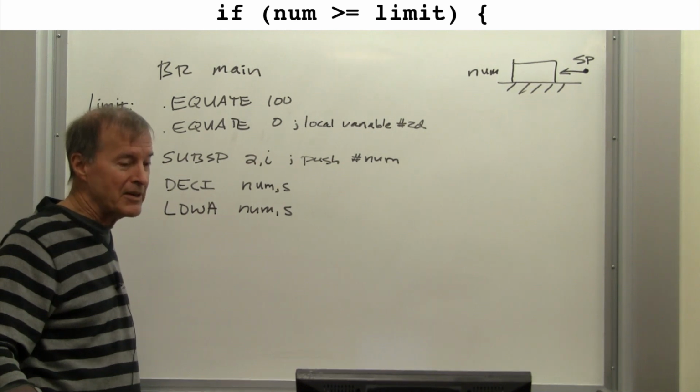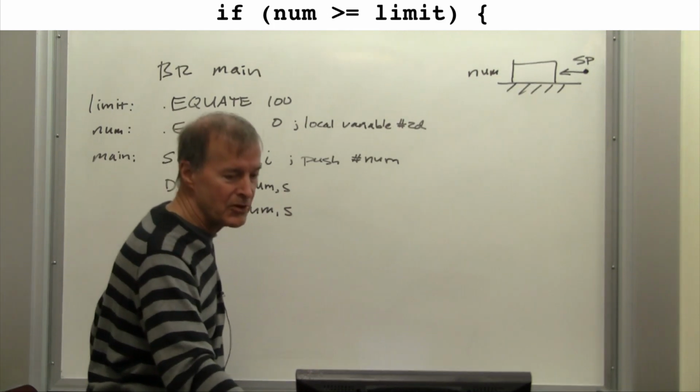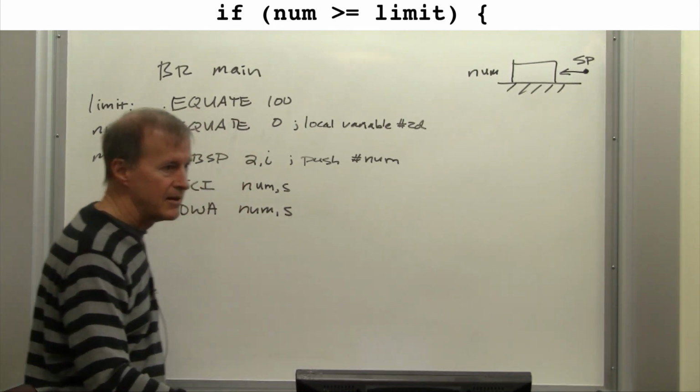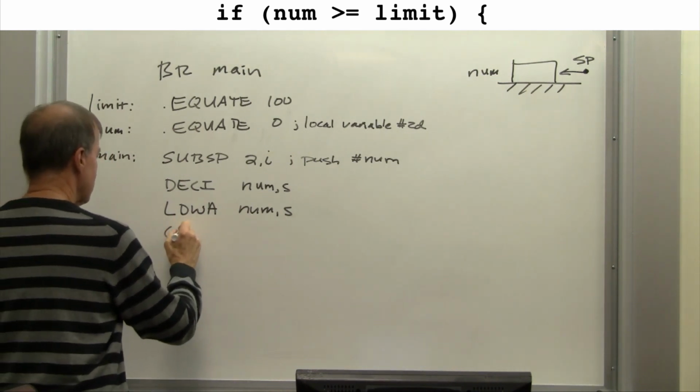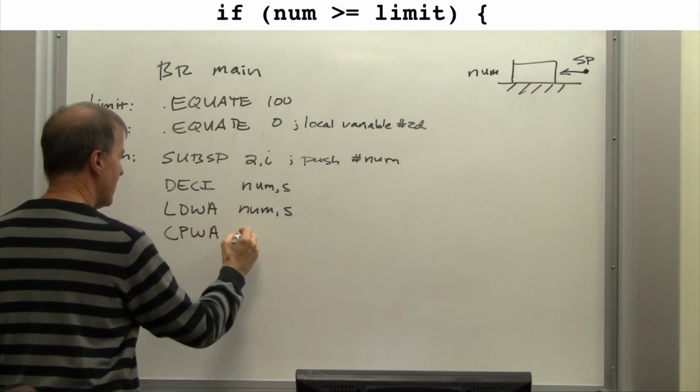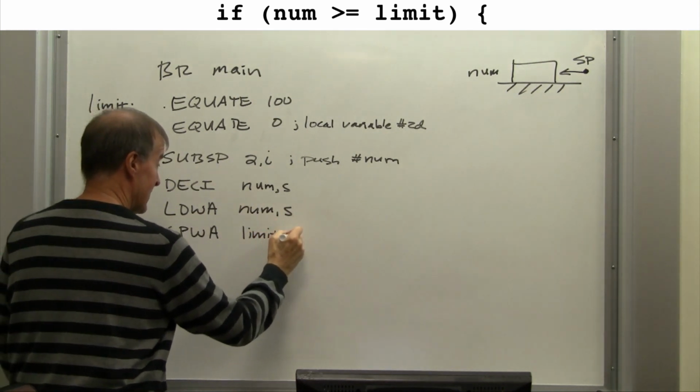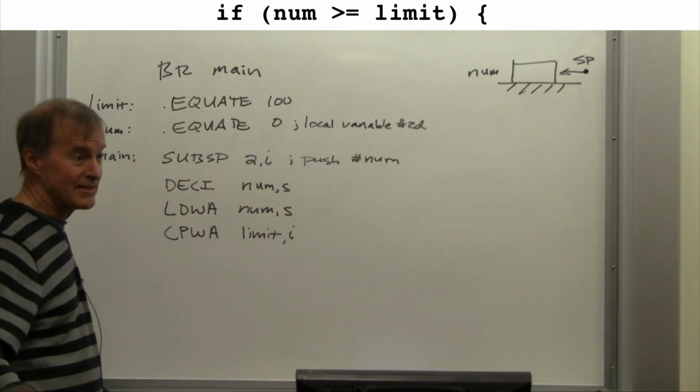What are we comparing num with? Limit. So here, if we go back to this compare word, what do you suppose we do? So compare word accumulator with what? With limit, and limit is, yes, good call.